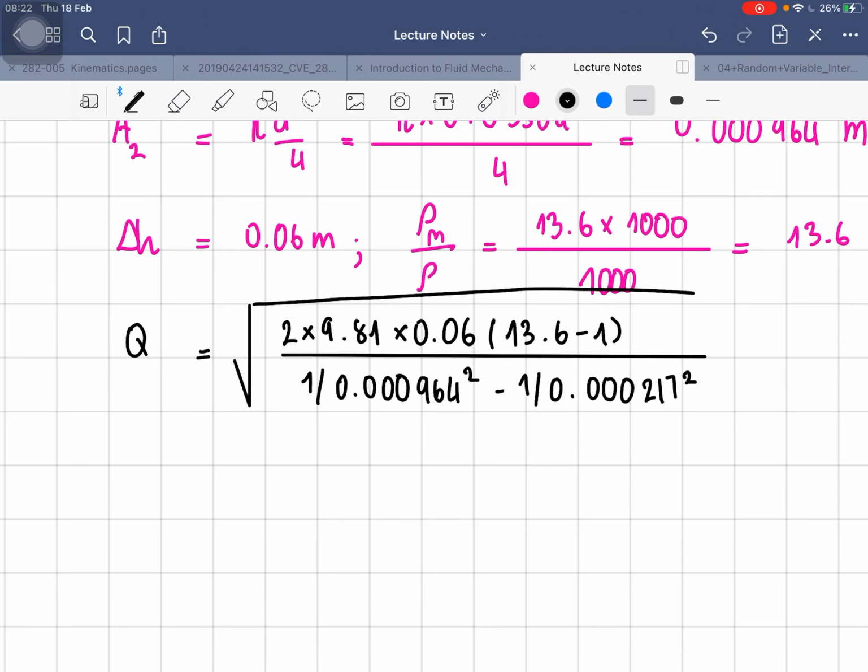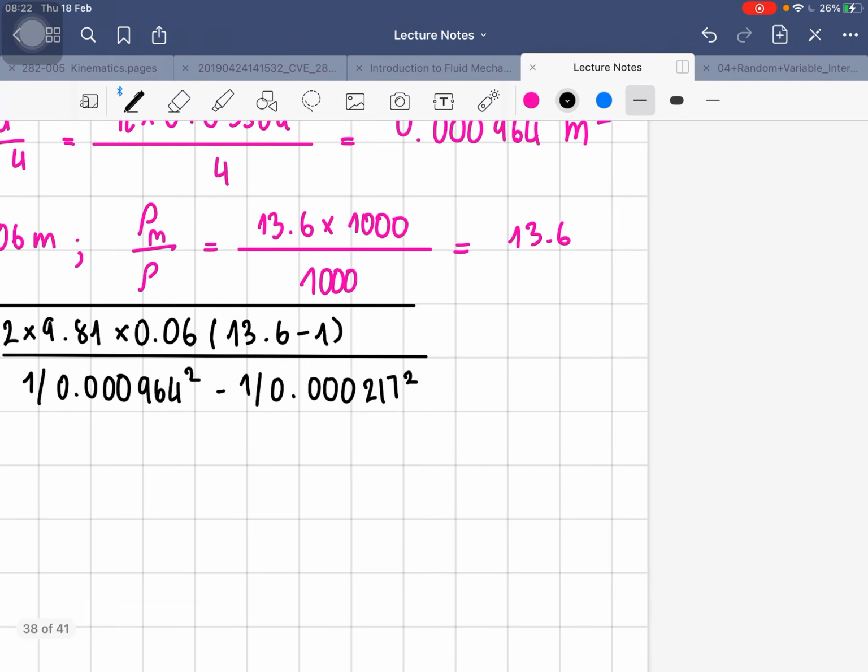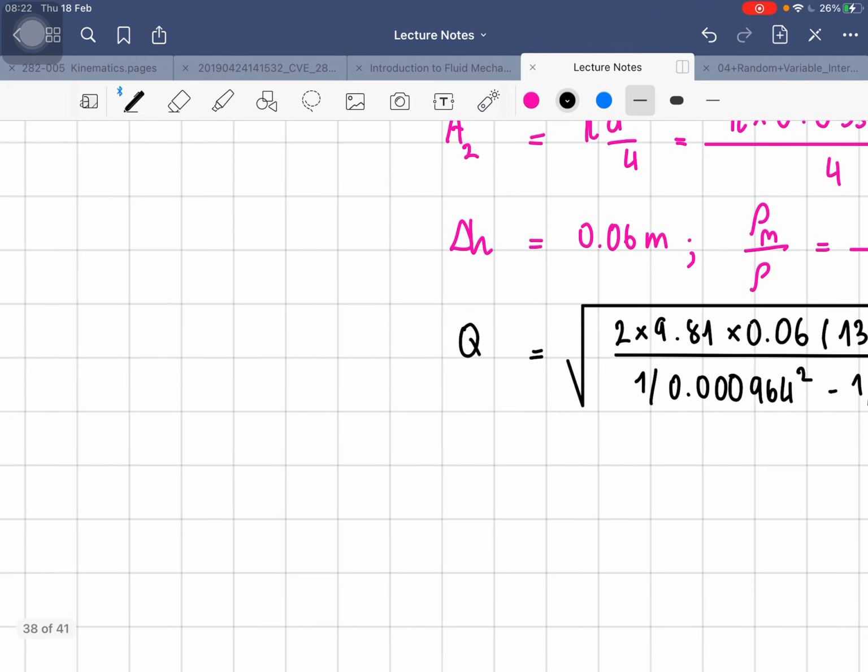Alright, okay, so now after having all of these, we can work it out, and the answer is 0.00416 meter cube. Okay, so this is the volume flow rate.